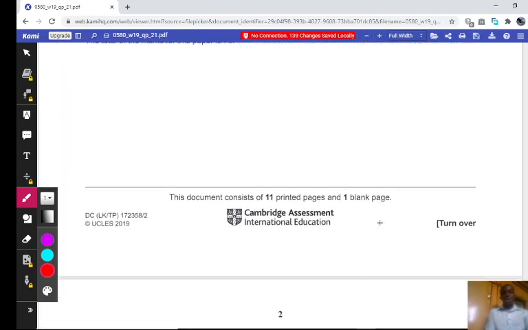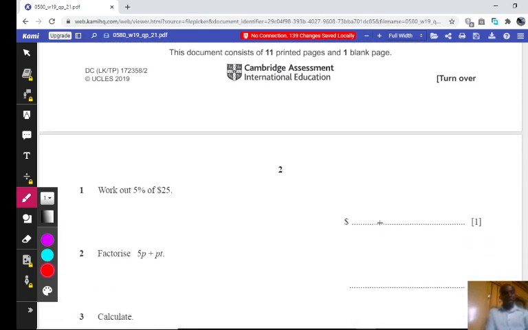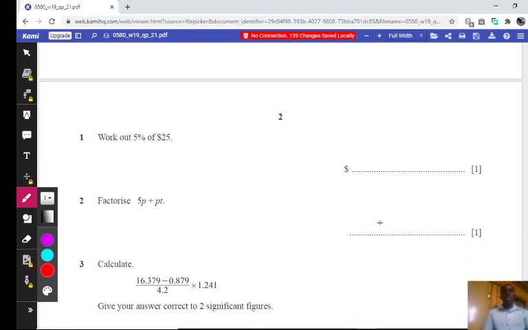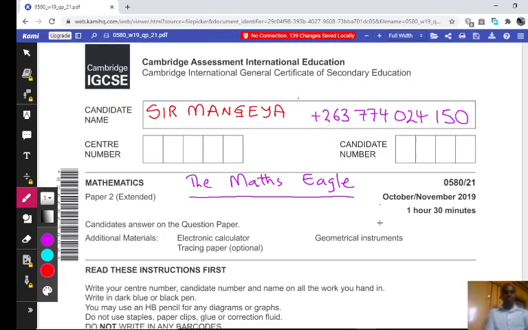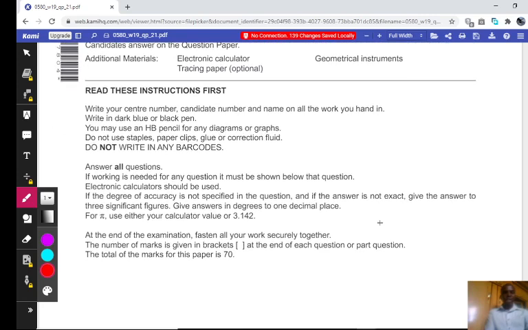So I'm just working out this question paper for you guys. Please just pay attention. Also take note of the instructions. Basically, they are very important. Like here, for pi, you can use your calculator, or you can use 3.142. That is the value of pi, or the one in your calculator. Take note of that.